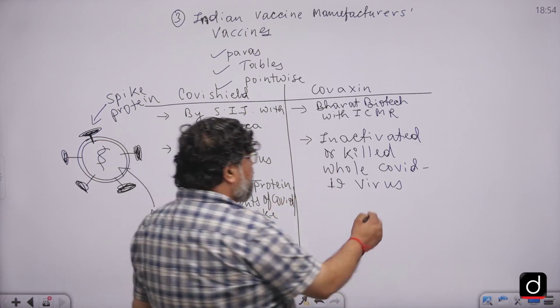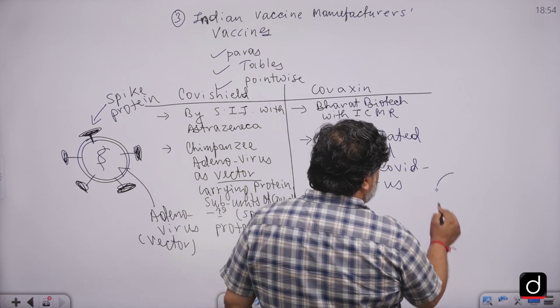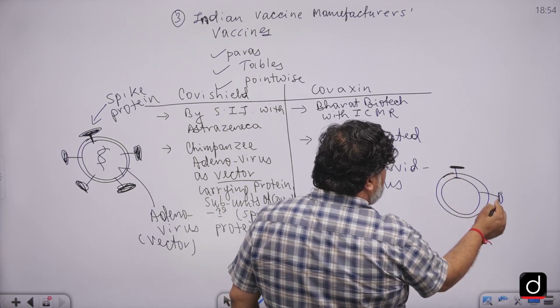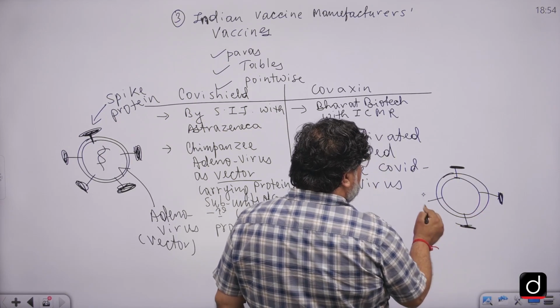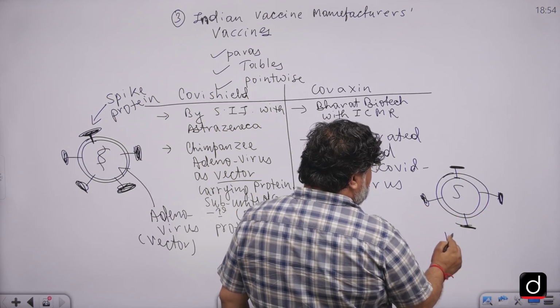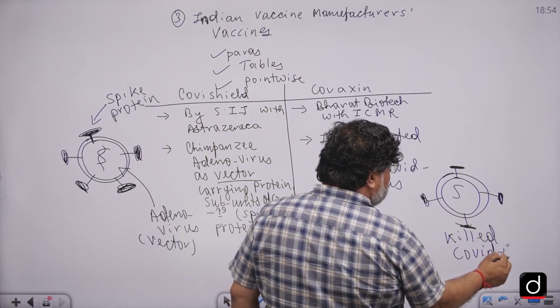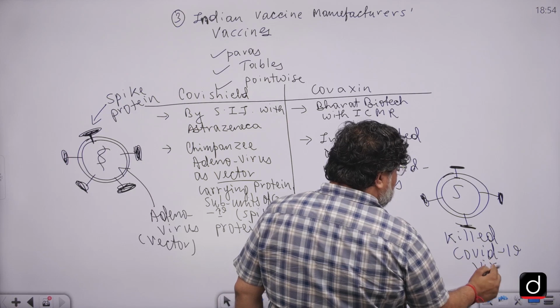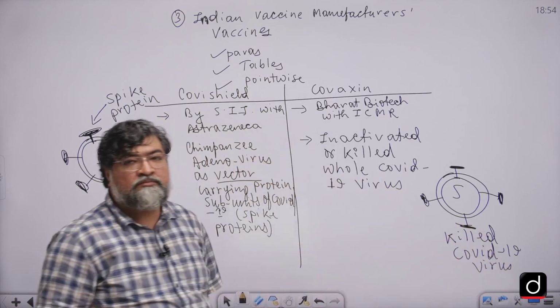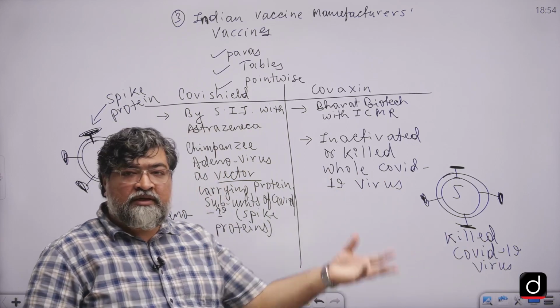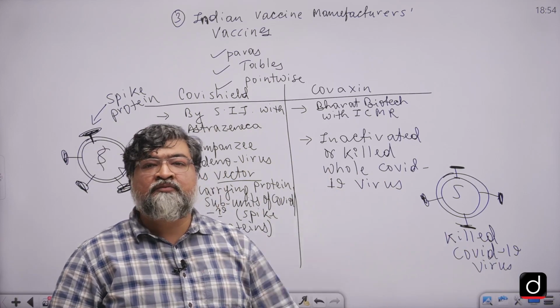But here, we are taking the killed COVID-19, the real COVID-19 virus. That means it's not active, it's dead. So our immune system recognizes it and makes antibodies. When the live virus comes, those antibodies will fight.